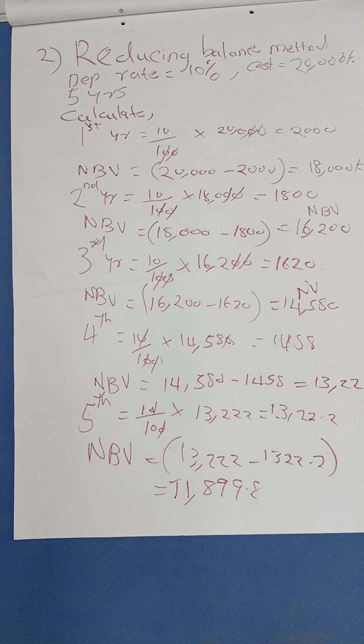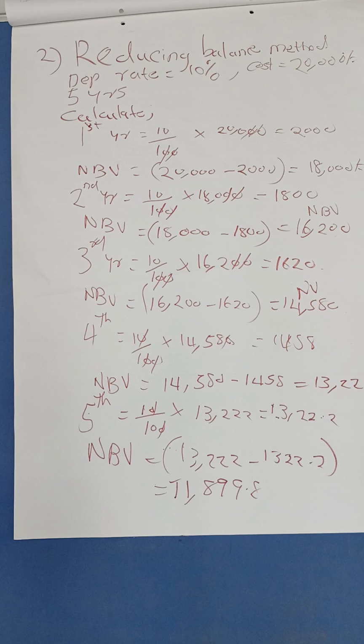Good. So this is how we do the two methods. Very easy. Just a matter of following the steps, and you are good. The moment you know the cost, the estimated scrap value, and the rate, if they have mentioned the rate, this is how it applies.